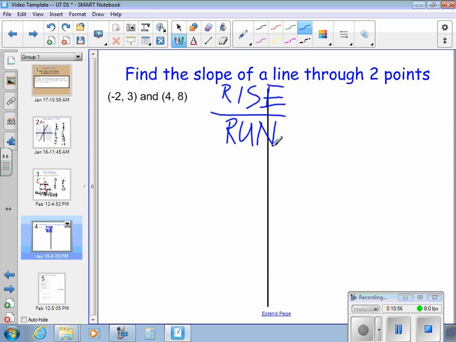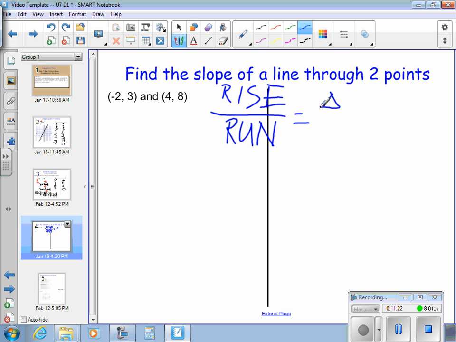Now, in this case, they gave us the coordinates of some points. So how would we measure rise? Well, rise is the change in the y value. The y value determines how far up or down we are. And run, that's the change in the x value. So, in effect, this is the same thing as change in this triangle here.